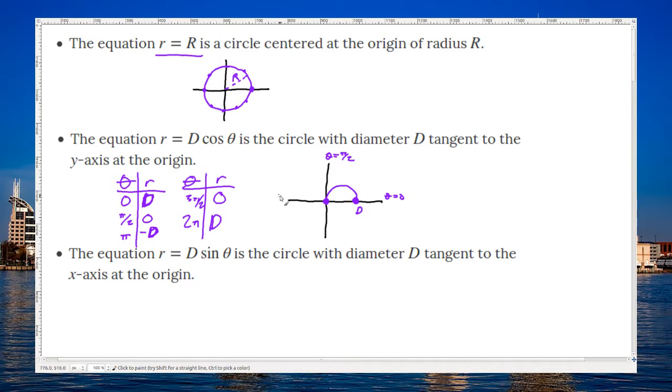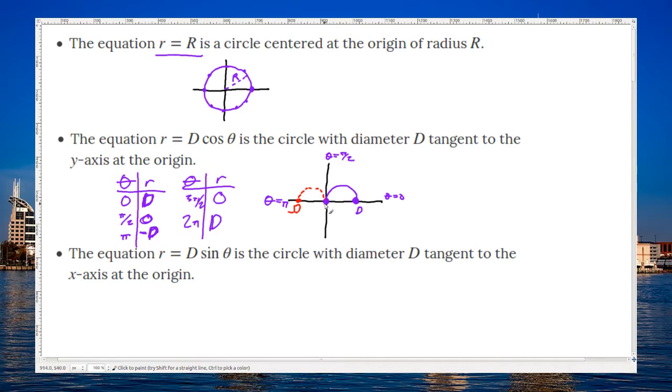Okay? Now, what happens between theta equal to pi over 2 and theta equal to pi? Well, we are starting at 0 and going to negative d. And I'm assuming d here is positive for my picture, of course. And if we were just going from 0 to d, then we would be growing back to d like so.